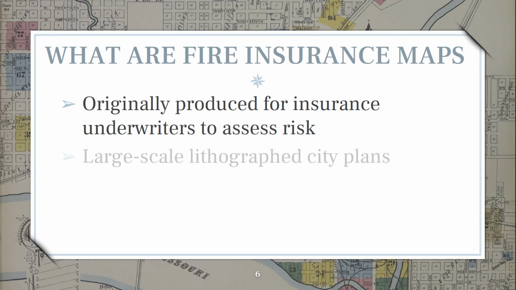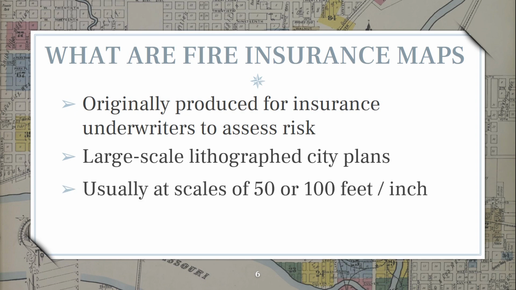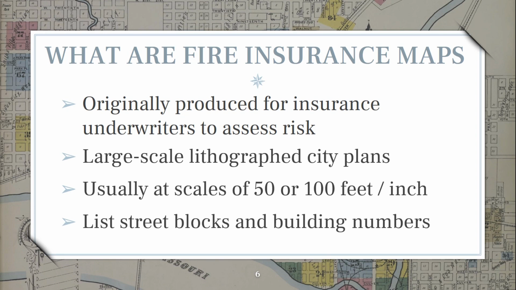Fire insurance maps are large-scale, lithographed plans of a city or town, drawn at a scale of 50 feet or 100 feet to an inch depending on the publisher. And the maps list street blocks and building numbers that were in use at the time the map was made.